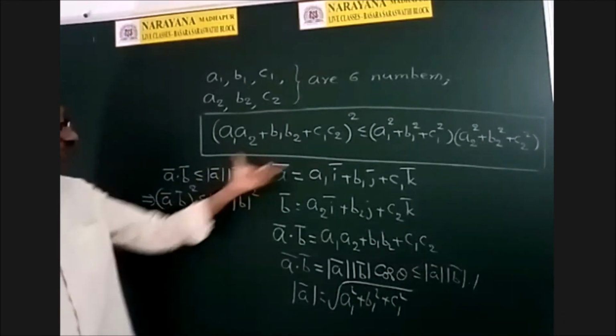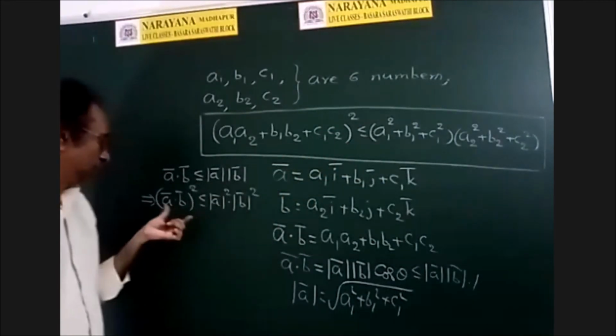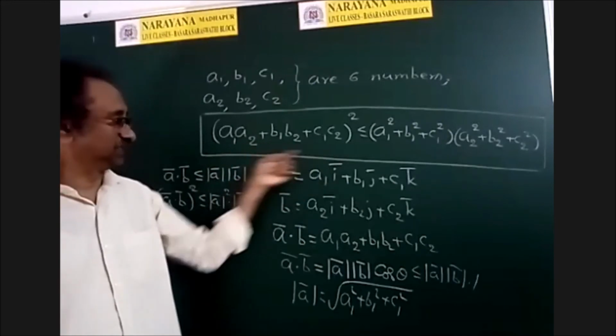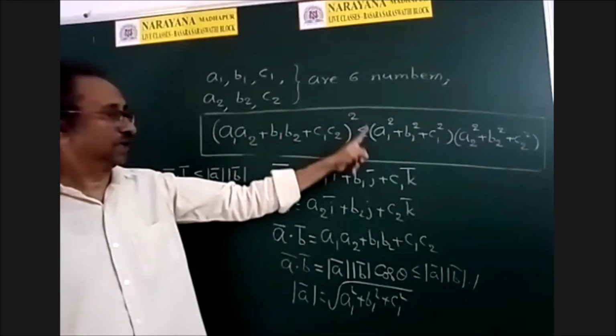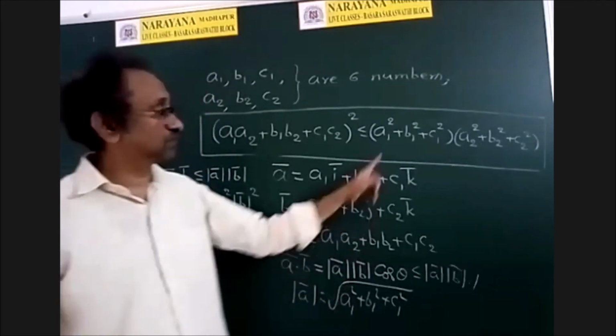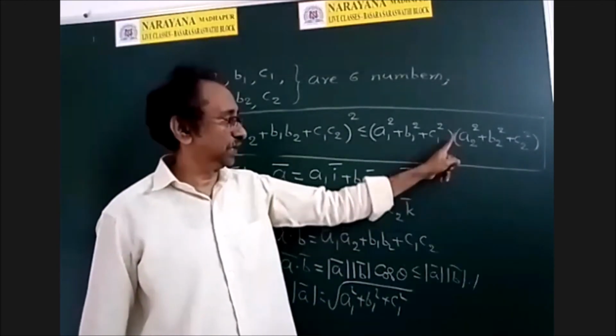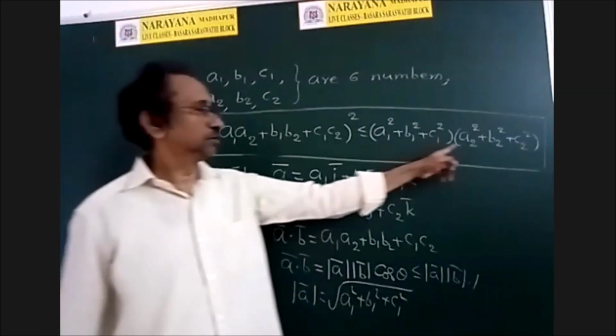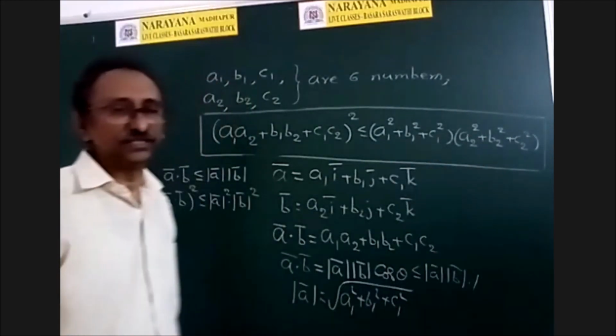So this is nothing but this one. A bar dot B bar is A1 A2 plus B1 B2 plus C1 C2, its square is less than or equal to mod A square, that is A1 square plus B1 square plus C1 square, into mod B square, that is A2 square plus B2 square plus C2 square.